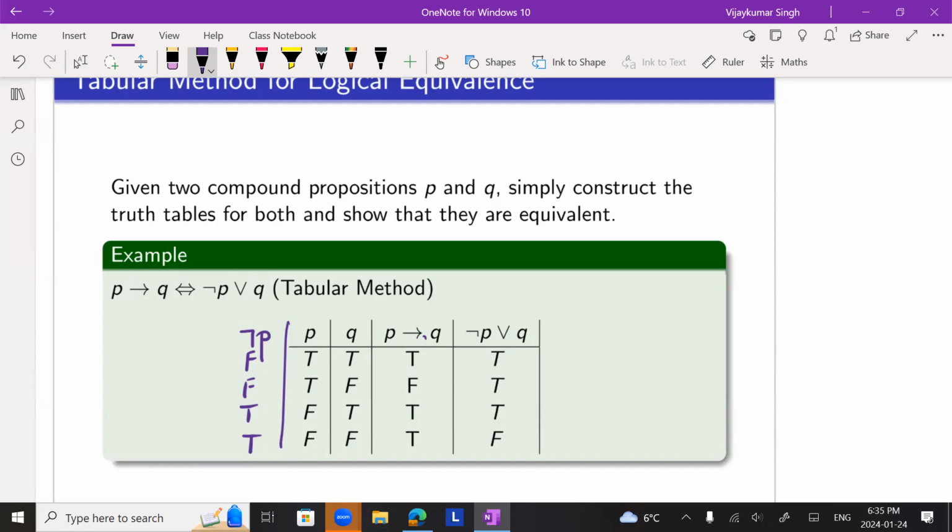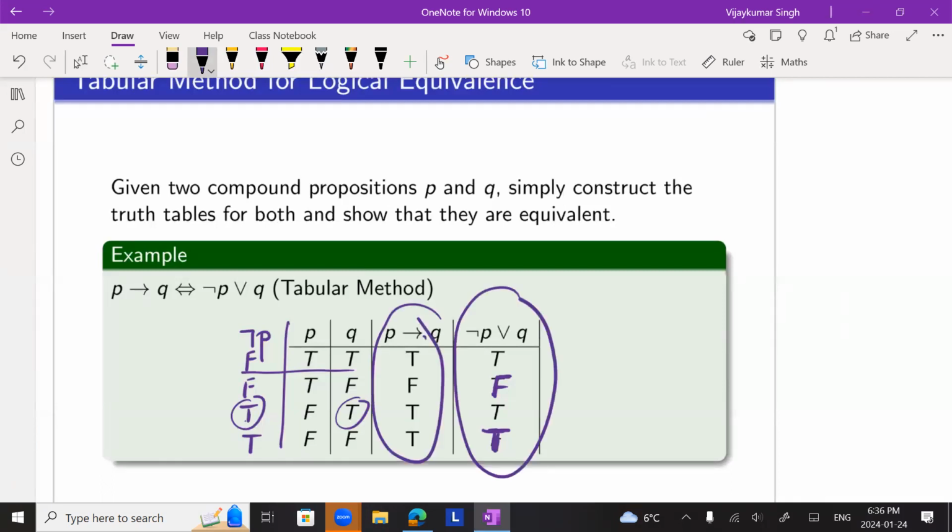So let's see, negative P or Q. So this is true, then true, and this is true. So there's a typo in the notes. But now when you compare these two things, they have exactly what? The same distribution. That means they are logically equivalent.